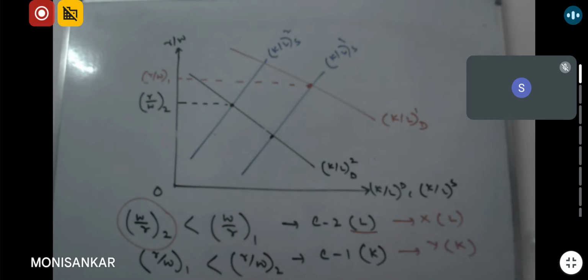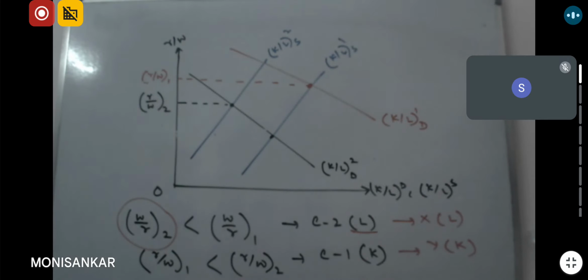In the next semester in the development area, we'll discuss a very interesting topic called choice of technique. At that time we can also see that maybe the country is labor abundant, and the labor abundant country can opt for a capital intensive technology. But this is just the HO model.